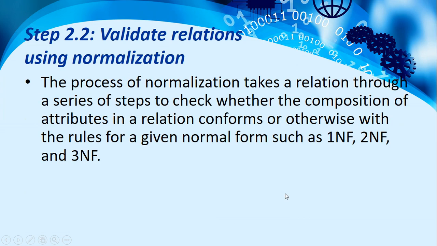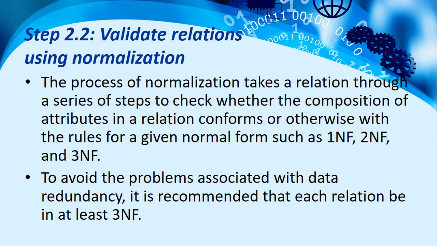The process of normalization takes a relation through a series of steps to check whether the composition of the attributes in a relation conforms or otherwise with the rules for a given normal form, such as first normal form, second normal form, and third normal form. To avoid the problems associated with data redundancy, it is recommended that each relation be in at least third normal form.